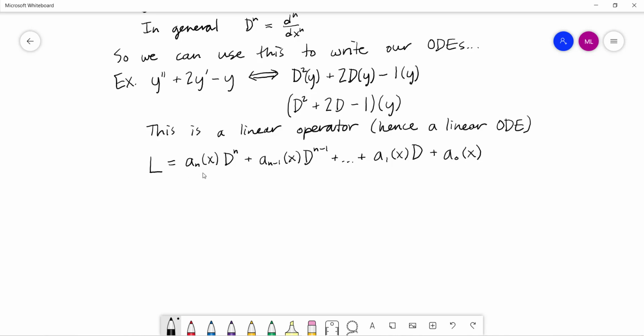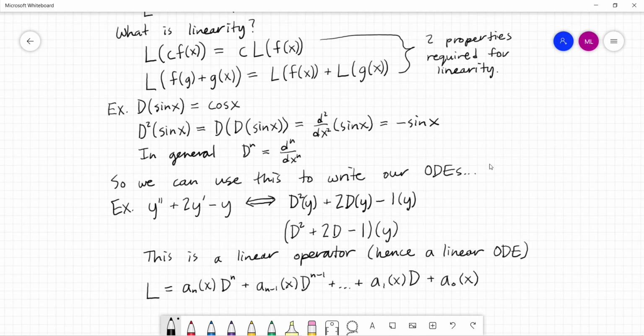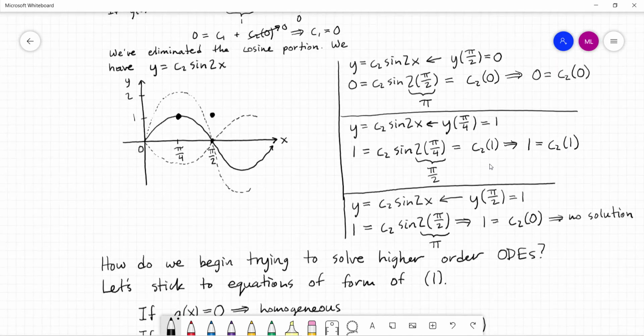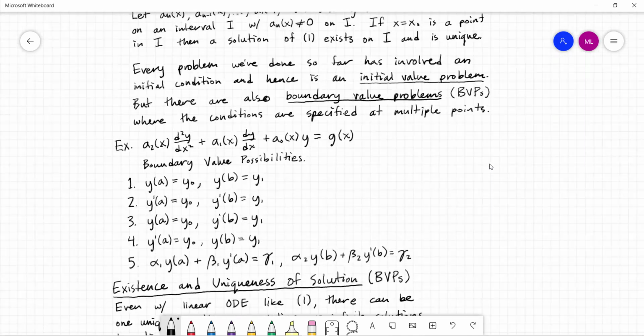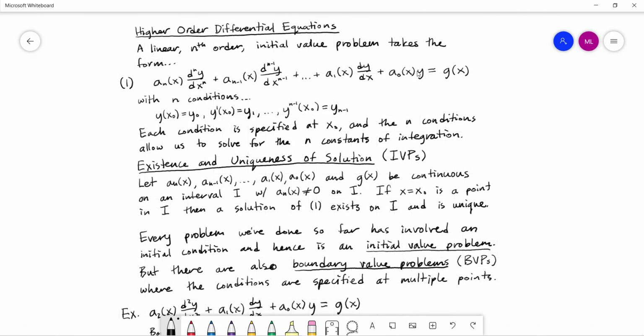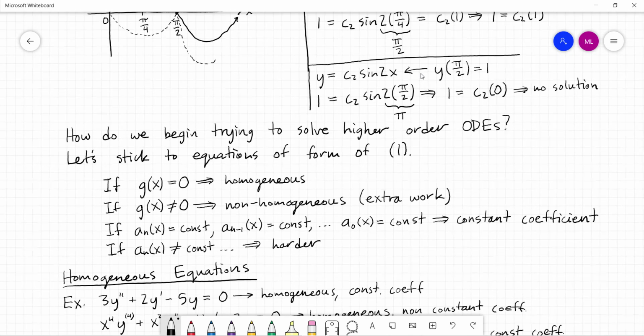So this operator, which you can think of as the operator for our original equation way back up here, the whole left-hand side. We multiply by a_n of x and then take the nth derivative of y. And then we multiply by a_(n-1) of x and take the (n-1)th derivative, and so on and so forth. You could think about this as one big operator being applied to y.